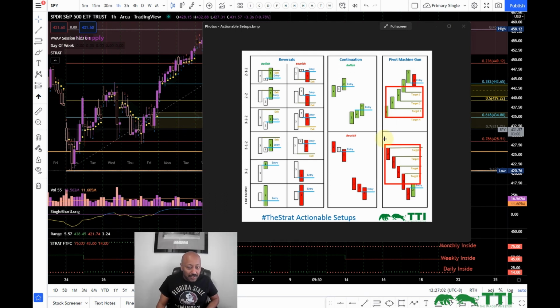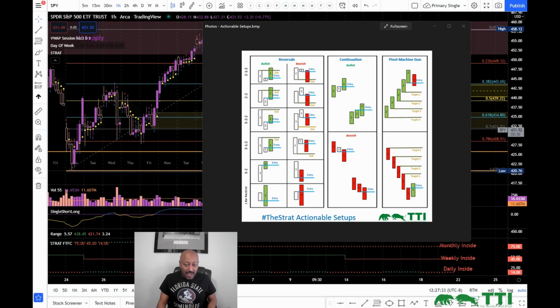If price was going down, then we're targeting where that downtrend started, all the way up. If we're heading up in a bullish structure and we have a pullback and that bullish momentum is temporarily broken to the downside, that's where we'll be targeting the start of that series of higher highs. So that's the idea of the pivot machine gun.